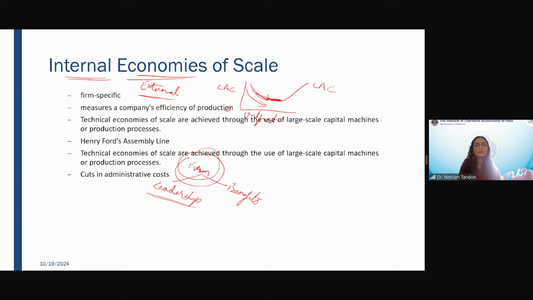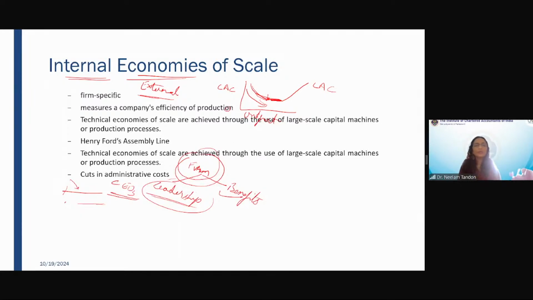These are people who are good leaders, good managers, good CEOs. They know how to do production, how our production line will be, what kind of technology we should use, how we should expand our business, how we should resolve conflict, where we will take raw material at minimum cost, whether we should spend on advertisement or not, and if yes, to what extent. So all decisions taken within the firm lead to lowering the cost.